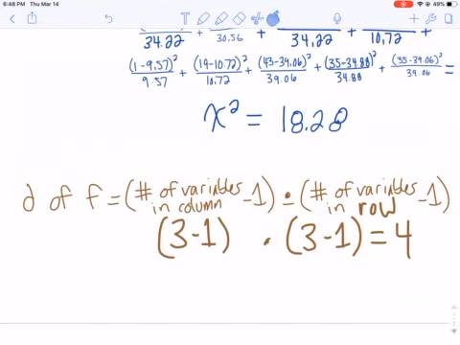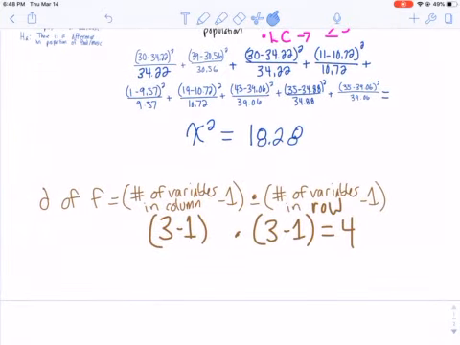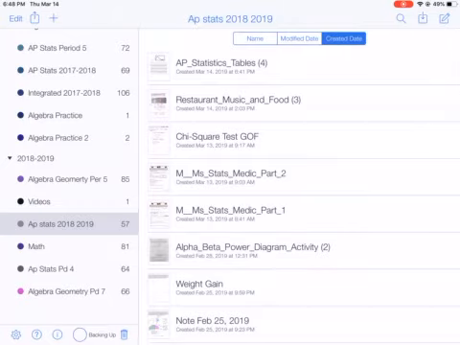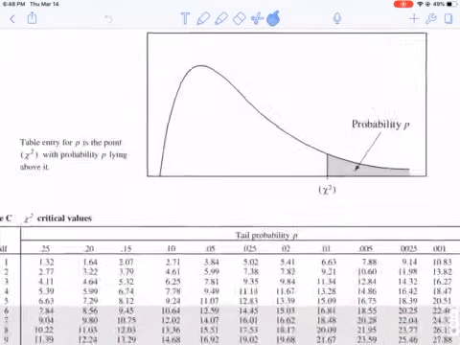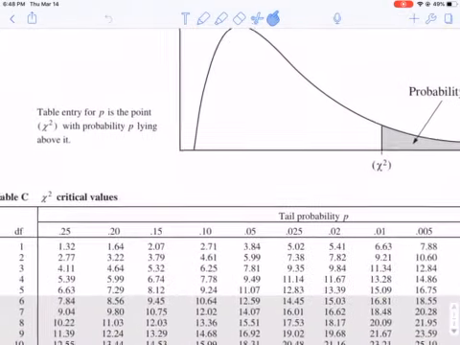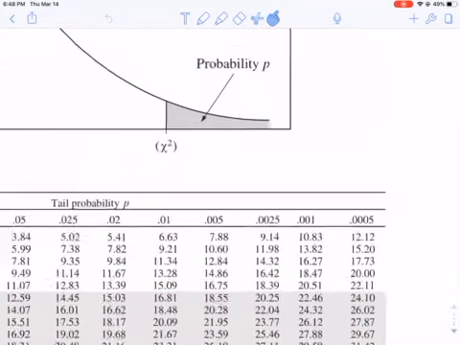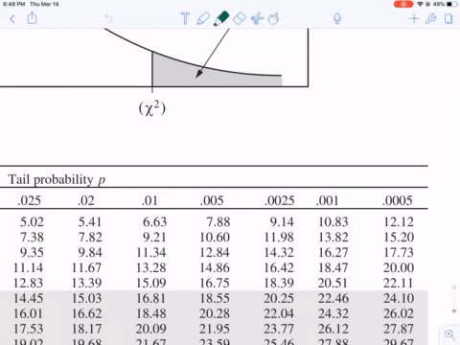So I got Chi-Square statistic, degrees of freedom. What I'm going to do now is I already inputted my table here. So I'm going to look for degrees of freedom of 4. Now I'm going to look for my Chi-Square statistic in my table here. And I got 18.28, which is going to be between these two values here.